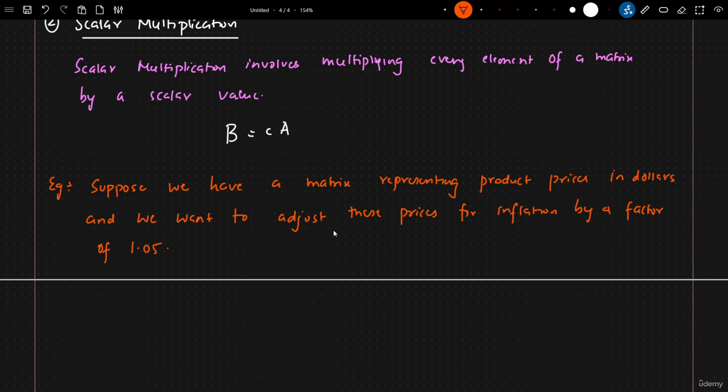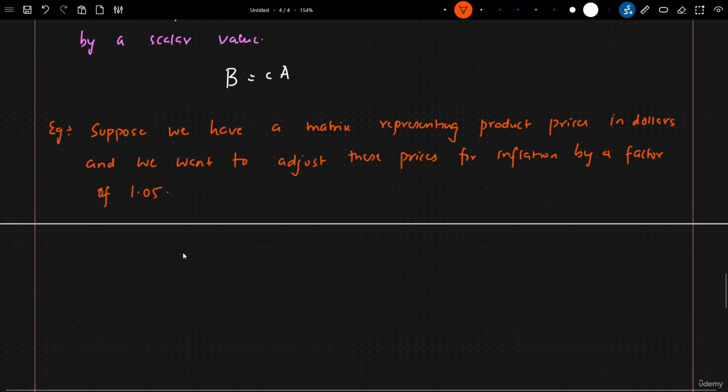Okay, now if I have this kind of scenario, suppose we have a matrix representing product prices in dollars and we want to adjust the prices for inflation by a factor of 1.05.